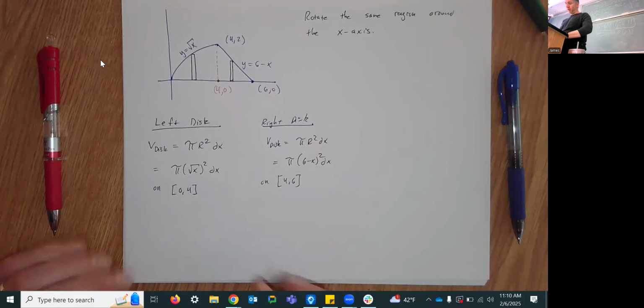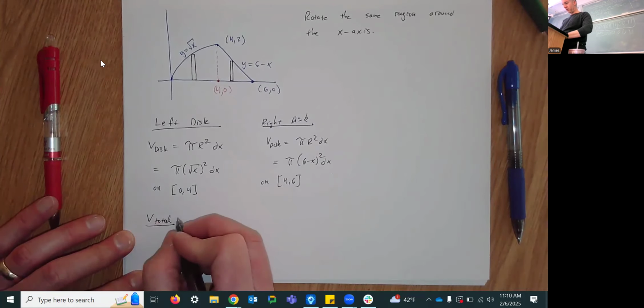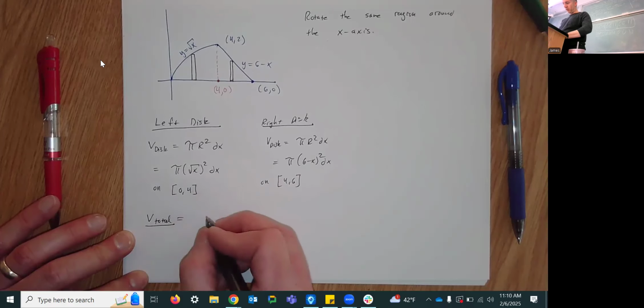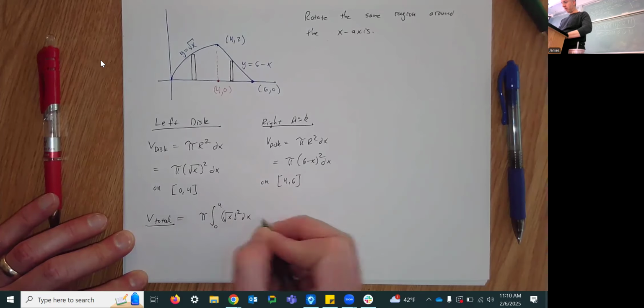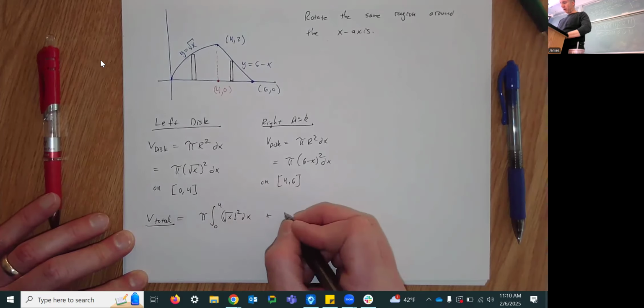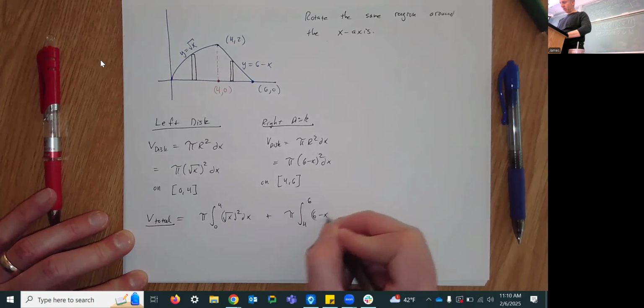So the total volume is going to be those two integrals added together. It's going to equal pi times the integral from 0 to 4 of the square root of x squared dx plus pi times the integral from 4 to 6 of 6 minus x squared dx.